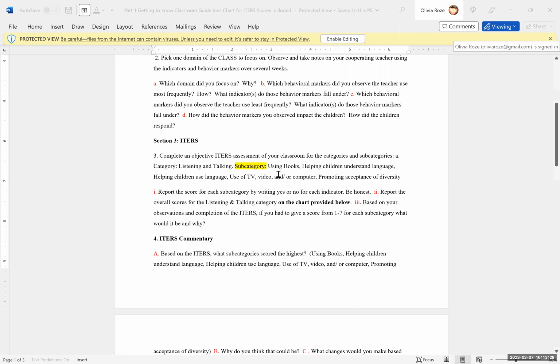The subcategories that you're going to focus on are using books, helping children understand language, helping children use language, the use of television, video, or computers, and promoting acceptance of diversity. You're going to use the chart and simply write yes or no next to each of the indicators. But it's important that you be honest to give the classroom a fair assessment. You're going to report your overall scores for each of those sections on the chart provided below.